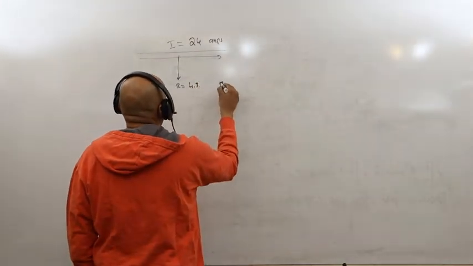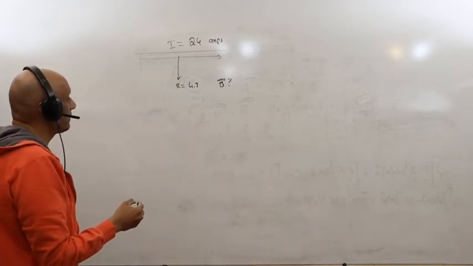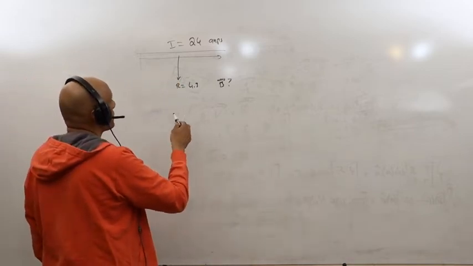Find the magnetic field. Well, it's not a vector, we're just finding the magnitude and direction of the magnetic field.